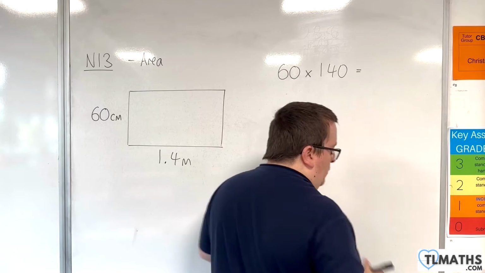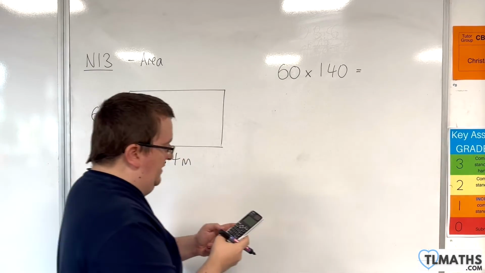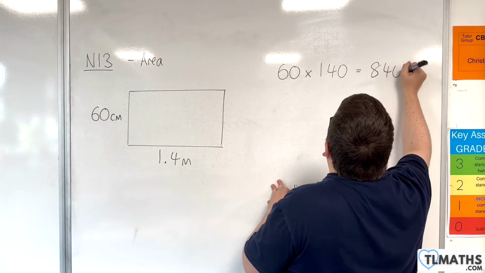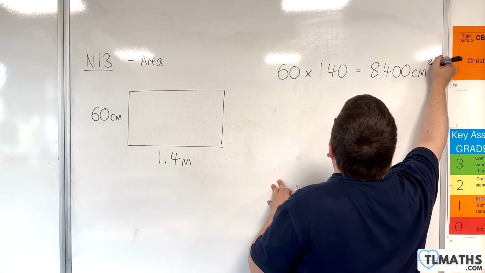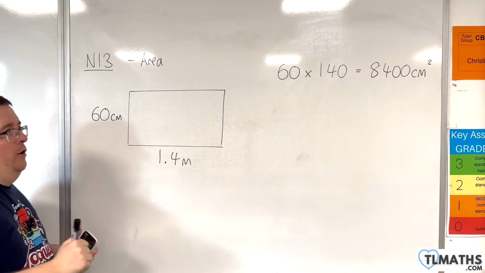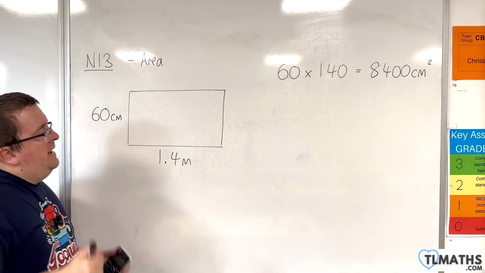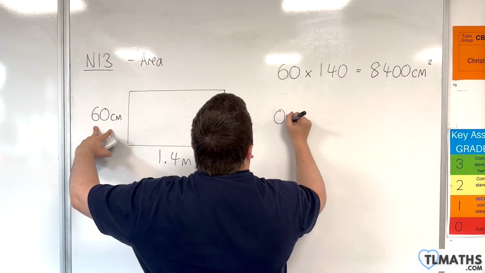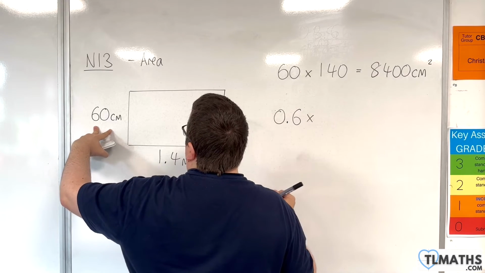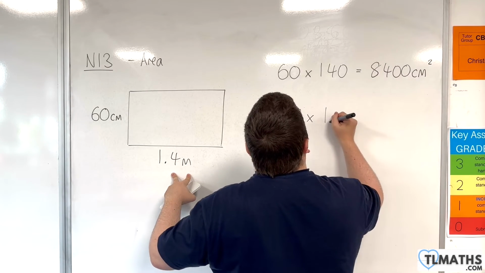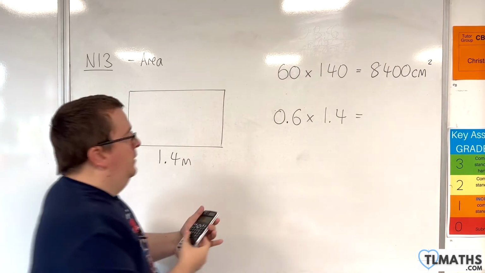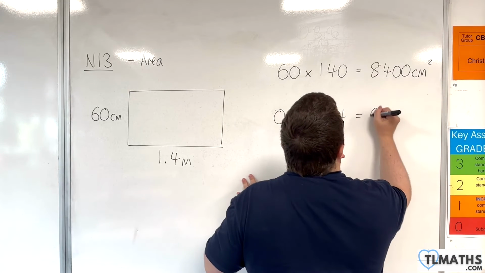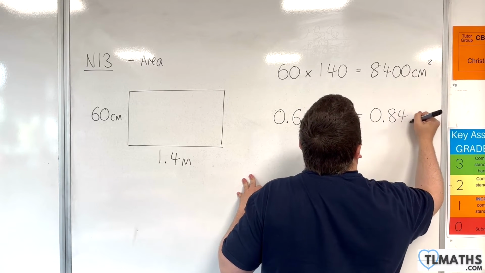So if we do 60 times 140, we get 8,400, and that would be square centimetres, and that would be the area of our rectangle. If we did it in metres, then 60 centimetres is 0.6 metres, and we've got 1.4 metres. So 0.6 times 1.4 is 0.84 square metres.